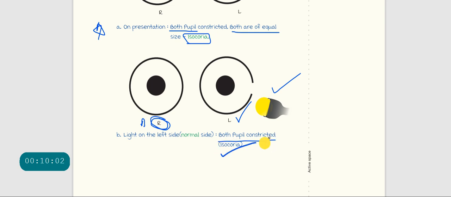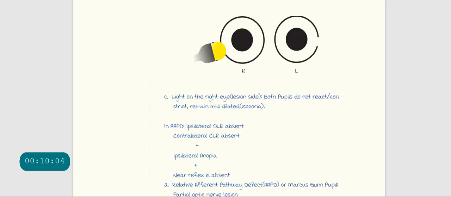But when we throw the light on the right eye, which has the abnormality, there would be no reaction. The pupil of the right eye would not react, or it will remain constricted. And you can see mild dilation, also isochoria.